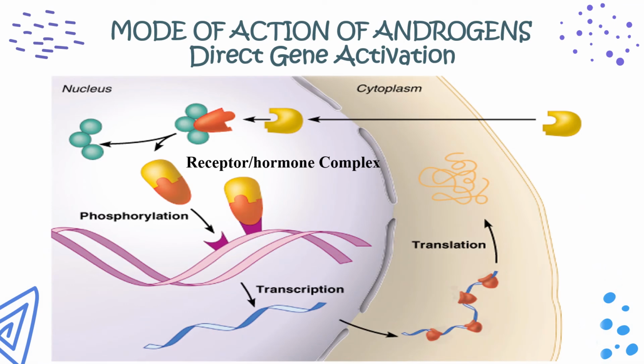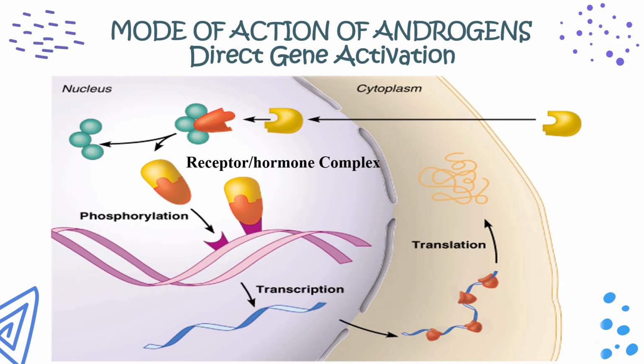Mode of action of the androgens. Testosterone may act as a final hormone or prohormone in the target tissues. In skin and male reproductive tract, the testosterone is converted into dihydrotestosterone by 5-alpha reductase.